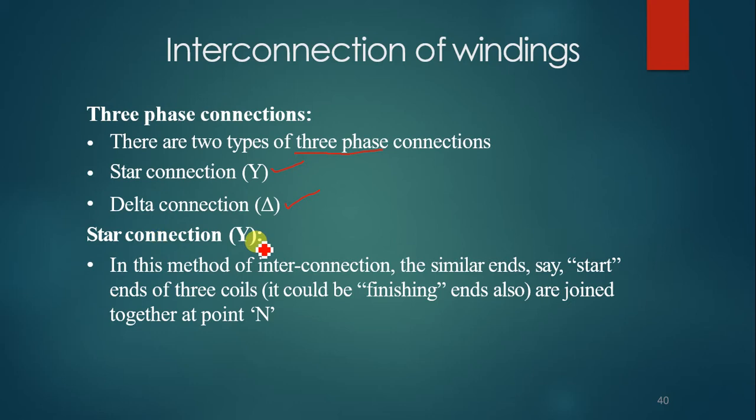The very first configuration, as you have seen, is star connection. In this method, we have interconnection of similar ends of your load. What kind of load is it? This load could be a resistive load, inductive load, or capacitive load.